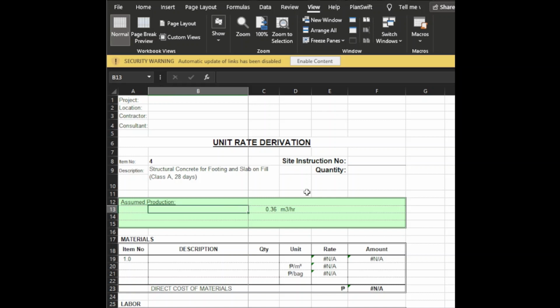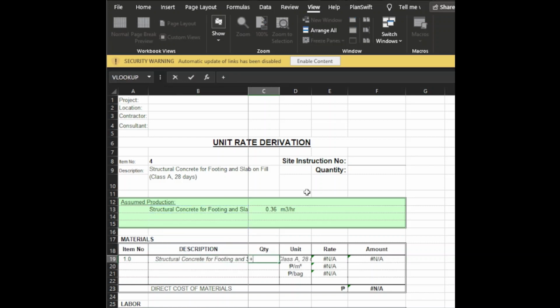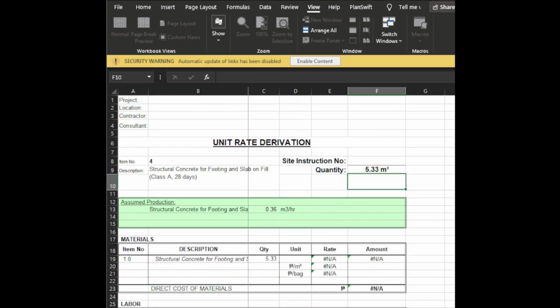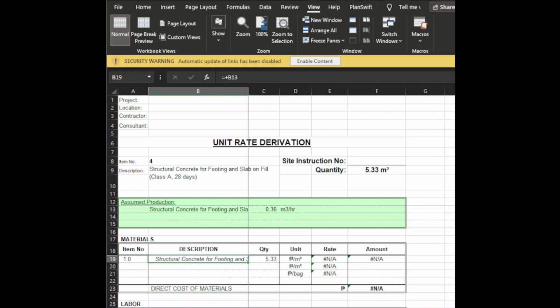Okay, so the description, and this one, and we have the quantity here. Wait, we will just link the quantity first. From here we will get the quantity of total footing and slab. It is 5.33, so our unit is piso per cubic meter. Oh wait, this is for materials first.